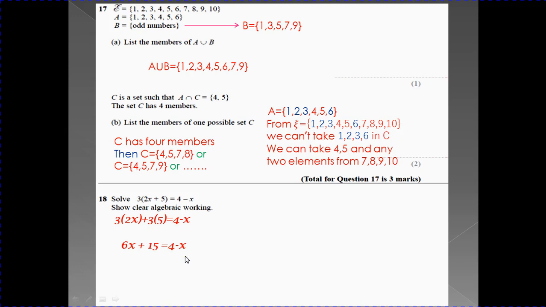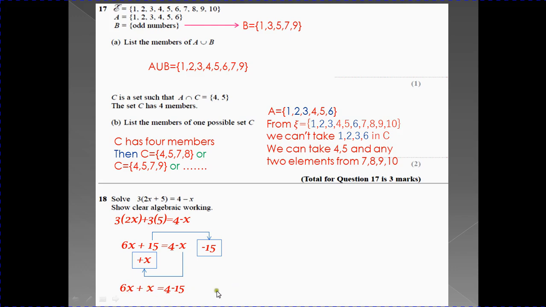Then you must put all x on the left side and all numbers on the right side. Then here we shift 15 to the right side, it will be minus 15, and we shift negative x to the other side, it will be positive. Let's see, it will be 6x plus x equals 4 minus 15.